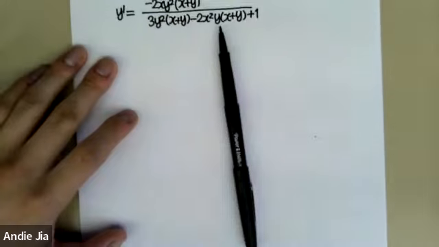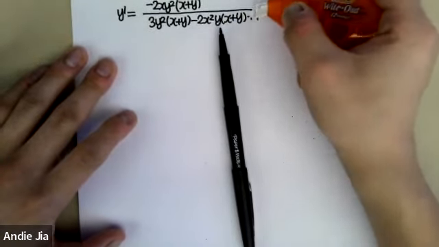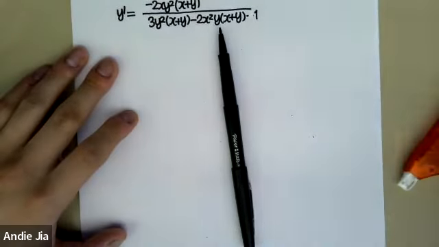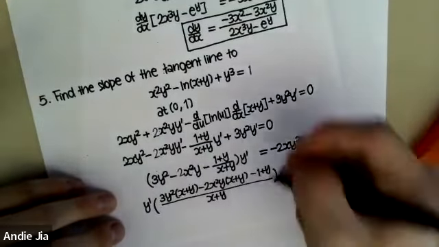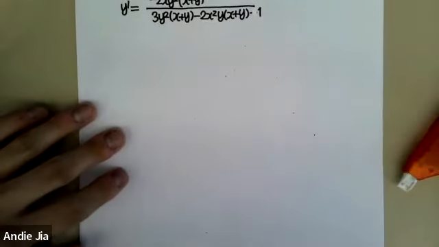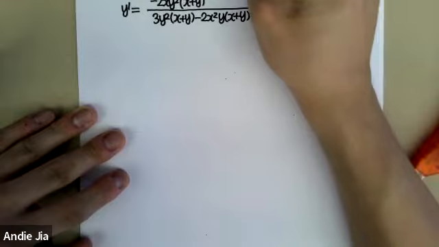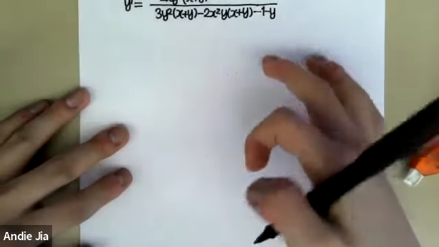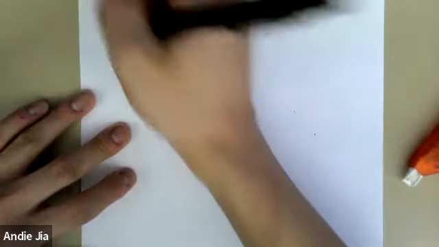Oh, should be minus 1. I forgot a parenthesis here. Yeah, I caught that mistake. I think this will be the final expression of y prime.